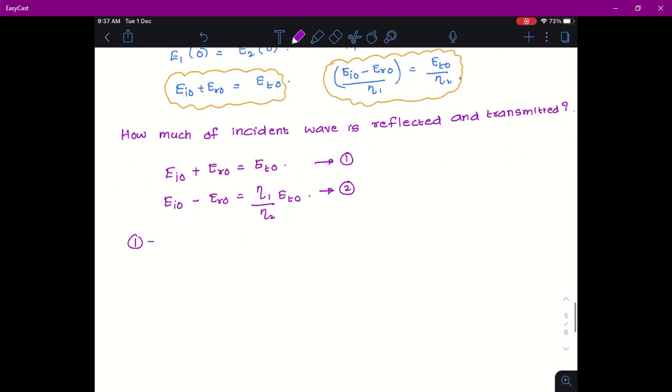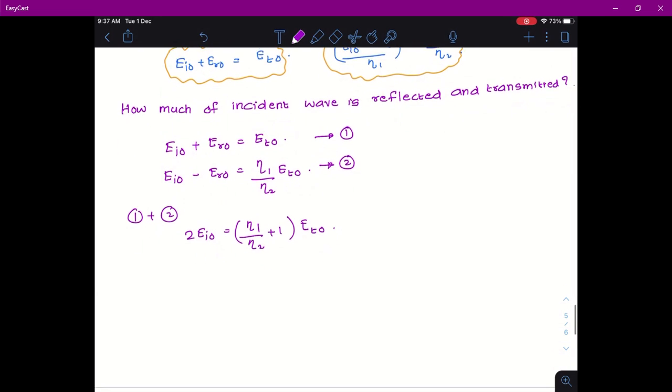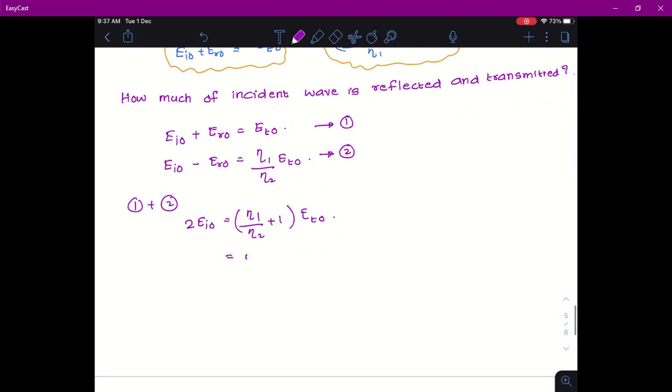Let's add 1 and 2. So 2 EI0 is equal to eta 1 by eta 2 plus 1 into ET0. You can write this as eta 1 plus eta 2 by eta 2 ET0.